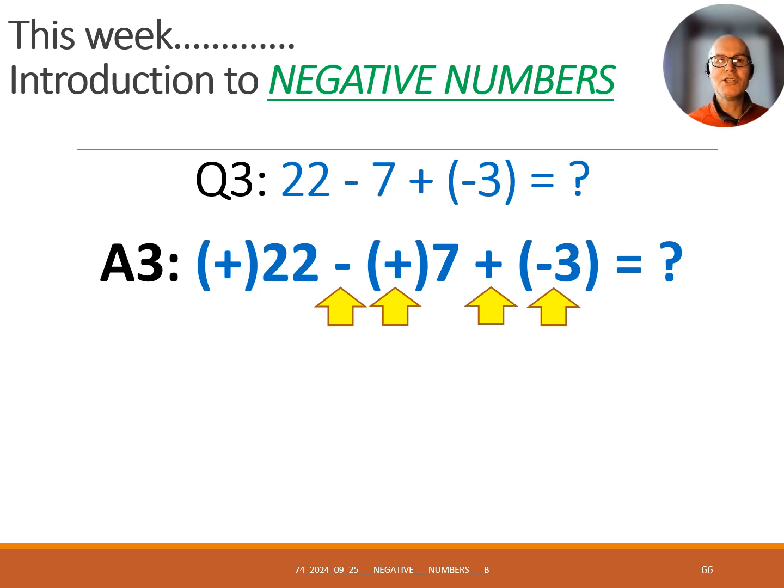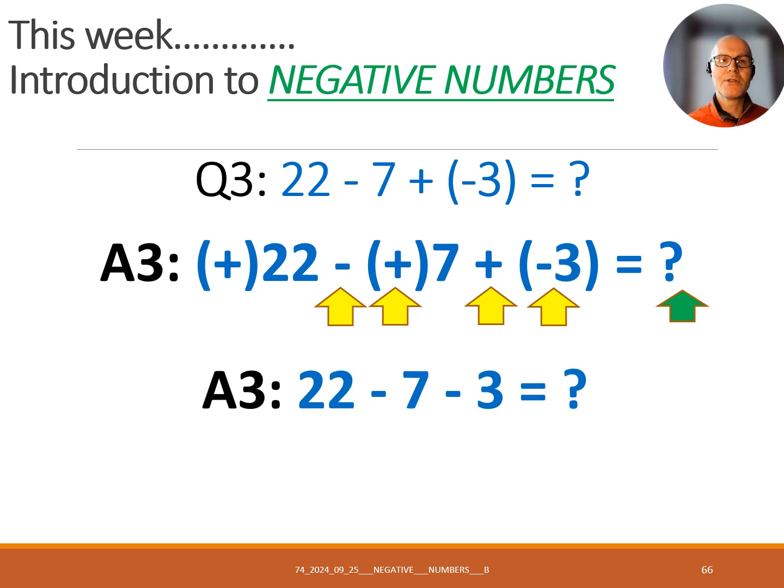Adding a negative changes to subtract. So 22 subtract 7 plus negative 3 changes to 22 subtract 7 subtract 3. BODMAS, 22 subtract 7 is 15, subtract a further 3 equals 12. 22 subtract 7 plus negative 3 is 12.